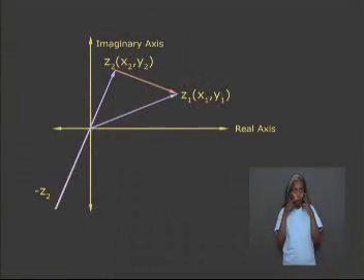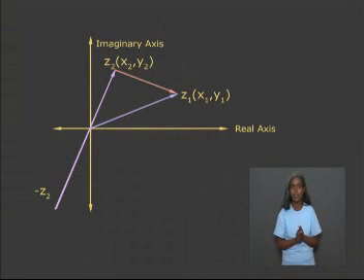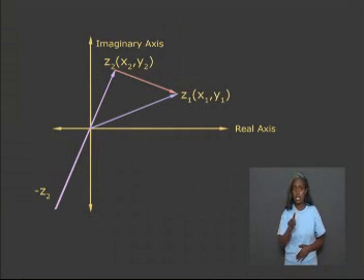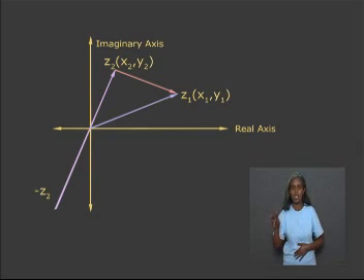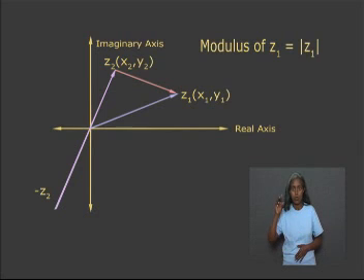Observe this complex plane. Z1 and Z2 are two complex numbers which have been expressed through vectors. The modulus of Z1, represented this way, is the length of the vector representing the complex number Z1, or the distance from the origin to the point corresponding to Z1 in the complex plane.